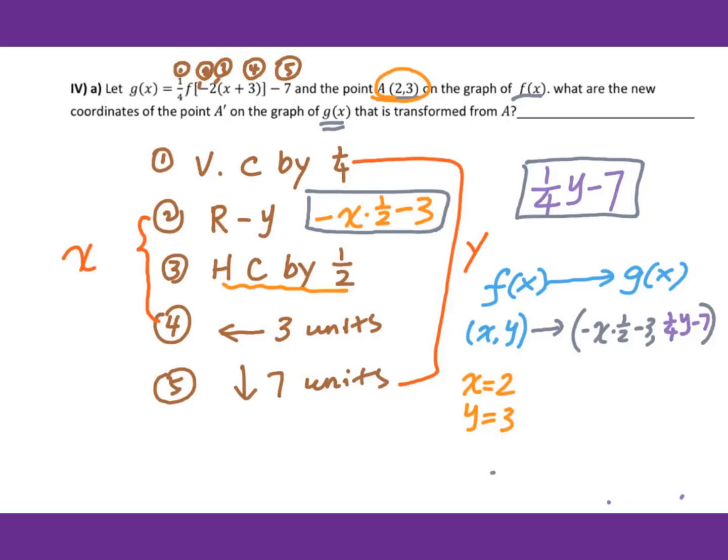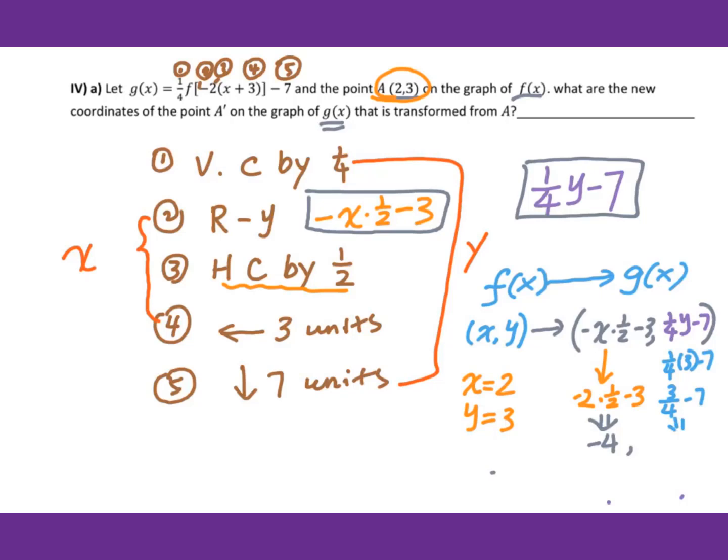Then I plug in this part. You will get negative 2 times 1 over 2 minus 3. You will get negative 4. Then I plug in y is 3, so 1 over 4 times 3 minus 7. Got 3 over 4 minus 7.